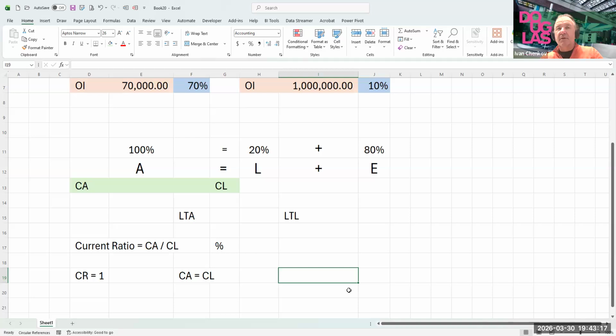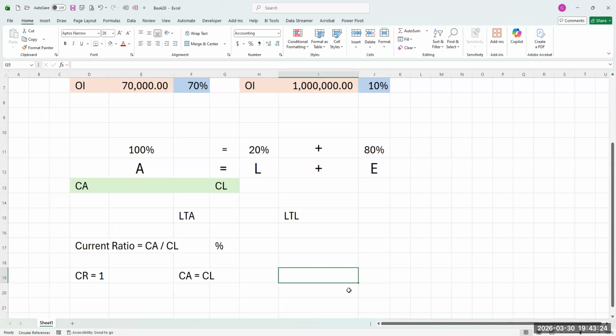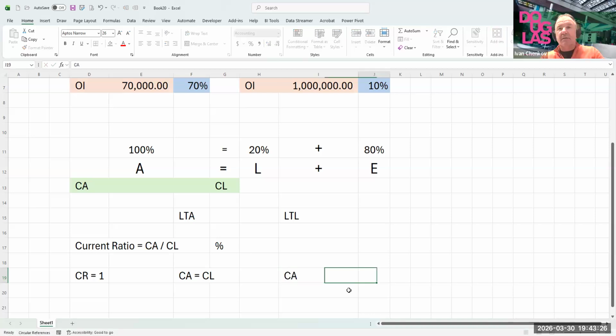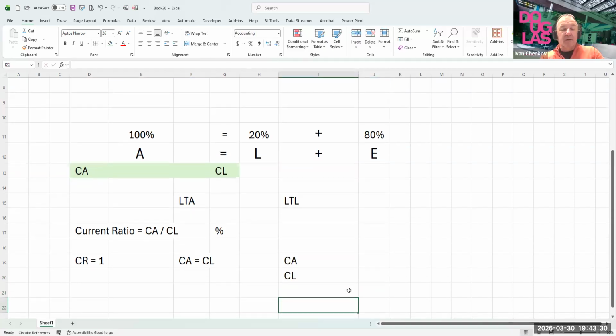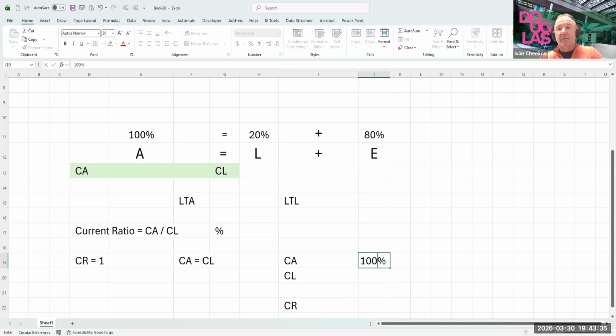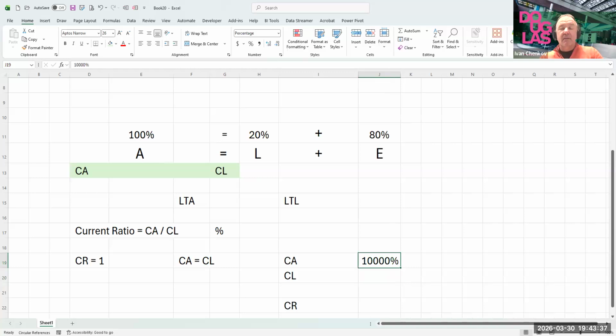Is it possible for this ratio to fall below 0? I don't think so. No. Let's check current assets, current liability. And we have here the current ratio. Let's play with numbers. Current assets, let's say $100. And let's move it to dollar amount only.